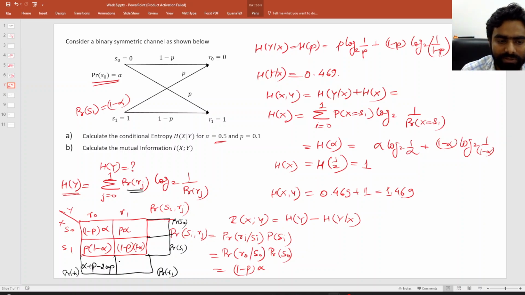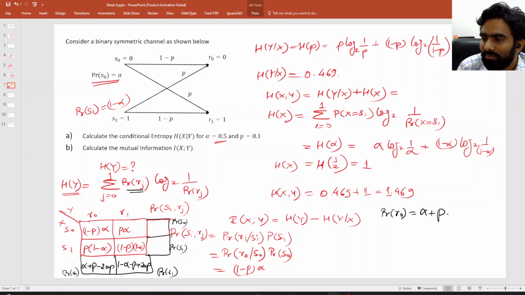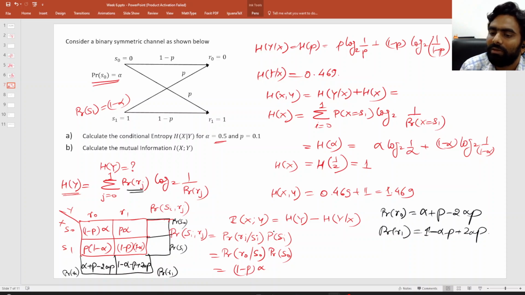And by solving this one here, we will get 1 minus alpha minus P plus 2 alpha P. Clearly, I will write probability of R0 would be alpha plus P minus 2 alpha P, and probability of R1 would be 1 minus probability of R0, which is also 1 minus alpha minus P plus 2 alpha P.